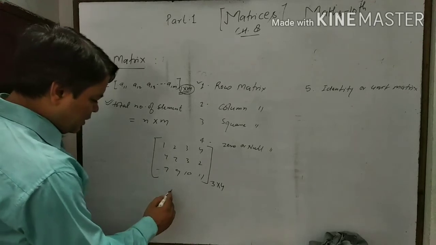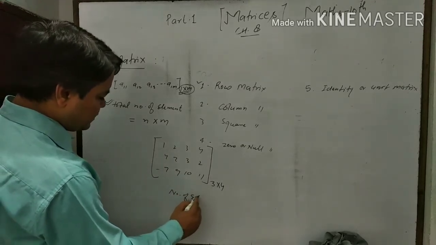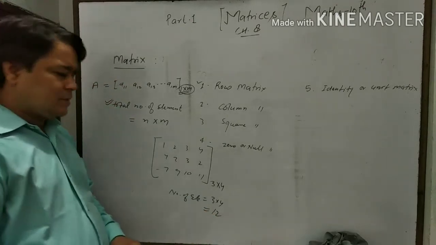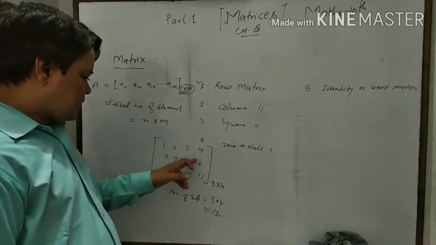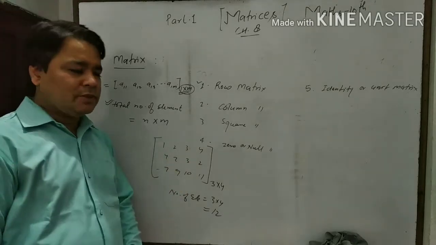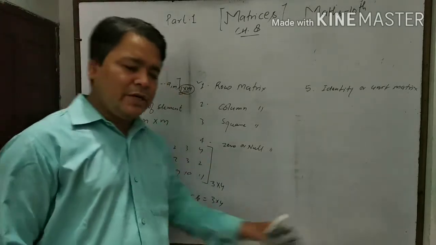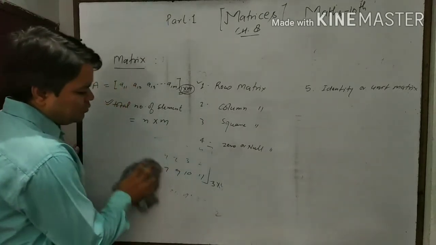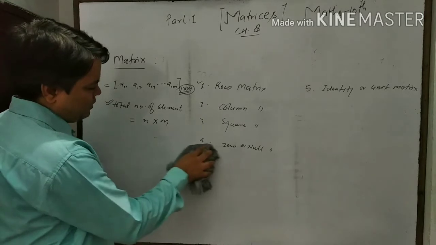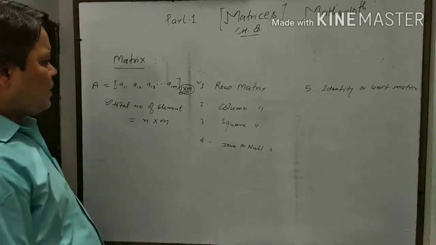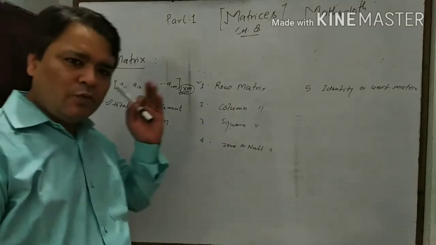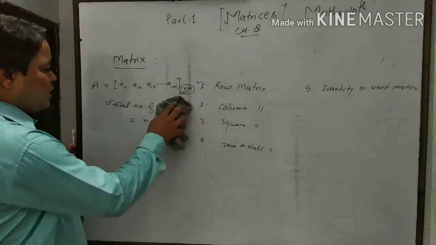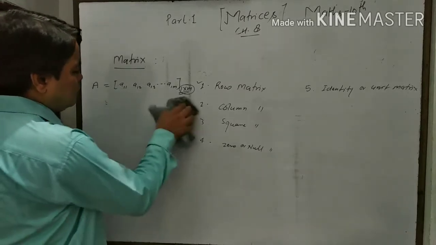The number of elements is what? 3 into 4 means 12. There are 12 elements. Here 1, 2, 3, 4, 5, 6, 7, 8, 9, 10, 11, 12. It means with the help of order only, we can also find the total number of elements in that particular matrix. So in a row matrix there will be only 1 row, but there is no limit on columns.